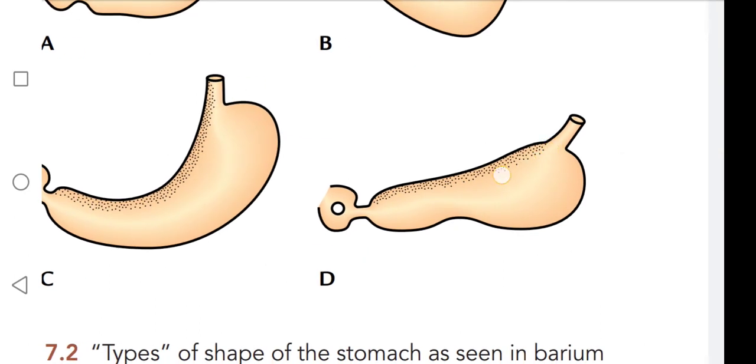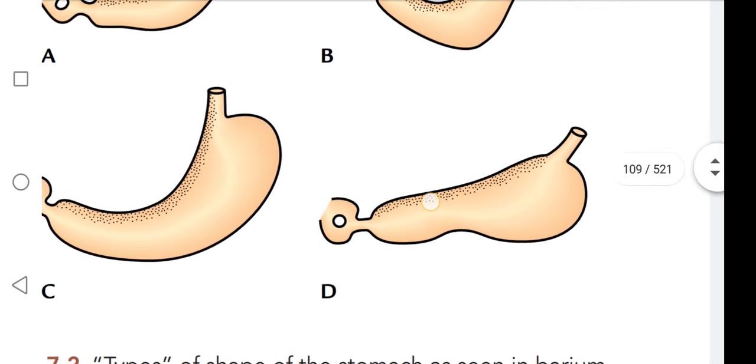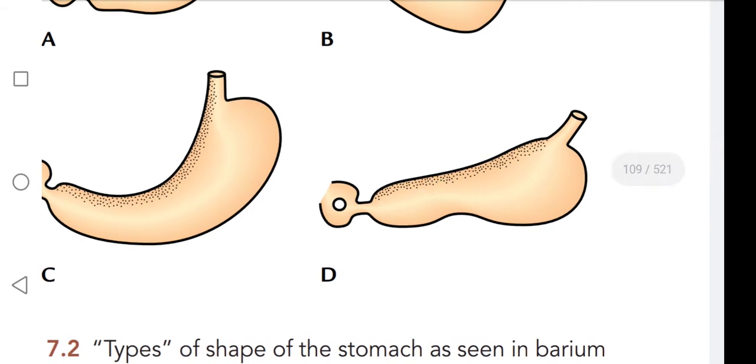This is stair horn shaped. Stair horn shaped is seen in short obese persons. In short obese persons, the stomach is high and transverse. This type of stomach, that is the stair horn shaped stomach, is seen in short obese persons.